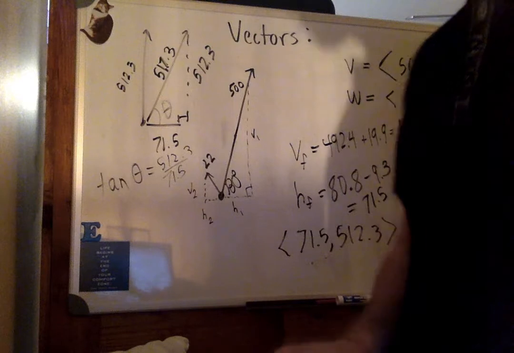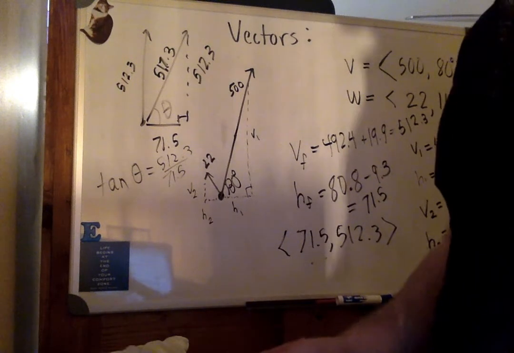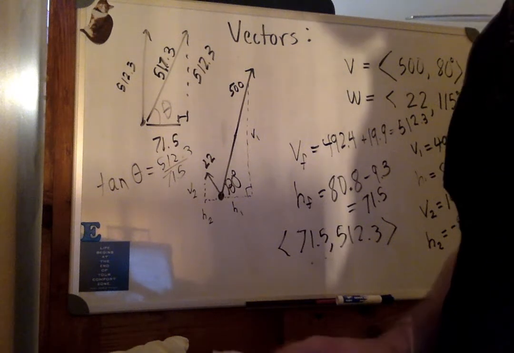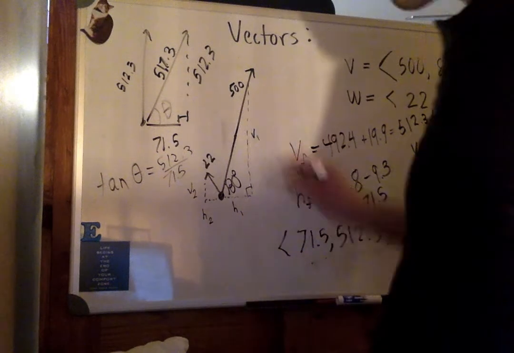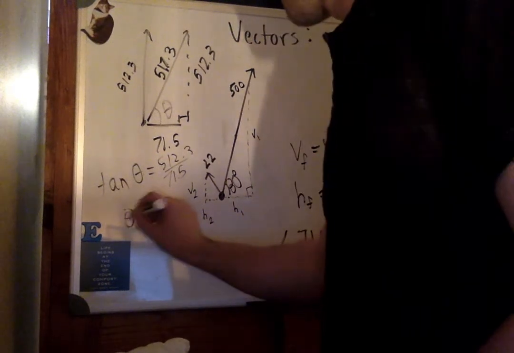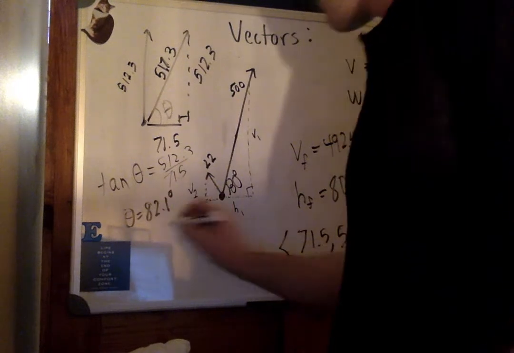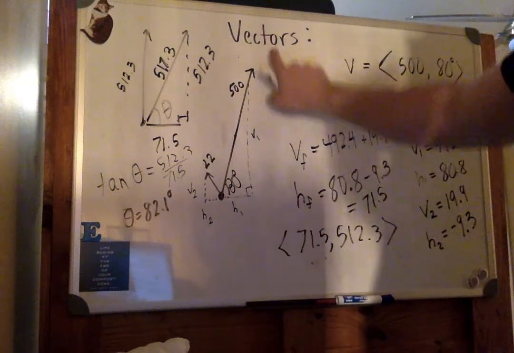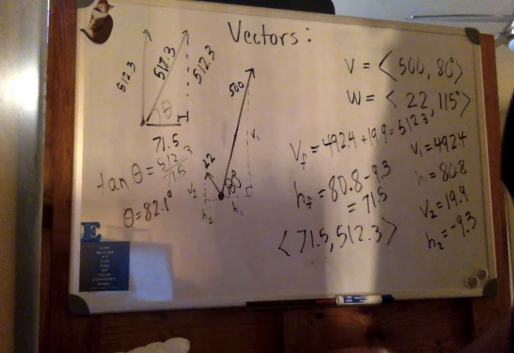So I'll do arctangent of 512.3 divided by 71.5. I got 82.1 degrees. And that actually makes sense too. It was originally pointed 80 degrees. It's going to pull it a little bit to the left, so this actually looks really good.